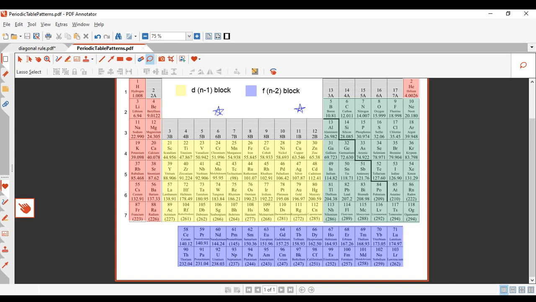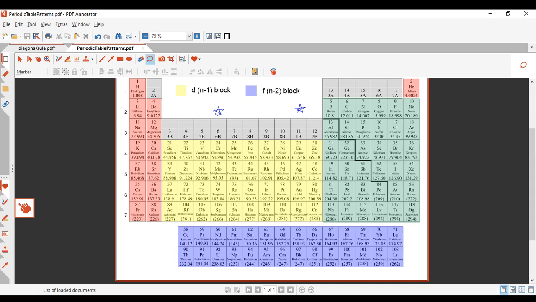Now I want to show you this because, if you look at your periodic table, cesium is atomic number 55, barium is atomic number 56, lanthanum is atomic number 57. So actually, 57 and 89 are both part of the F block.